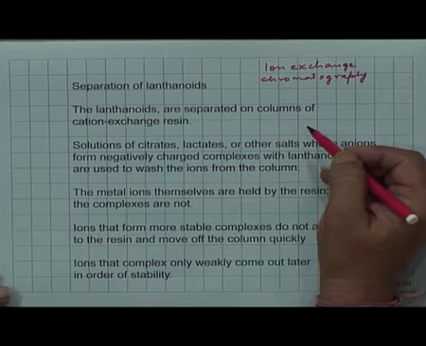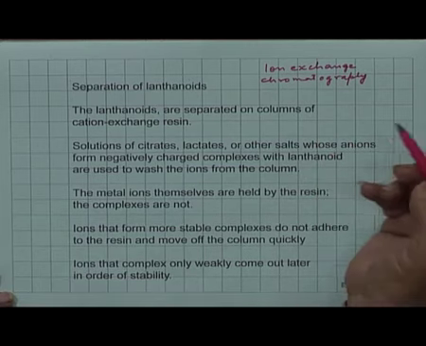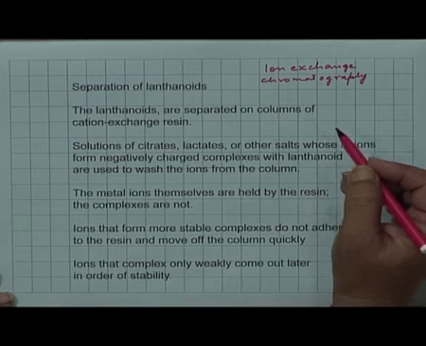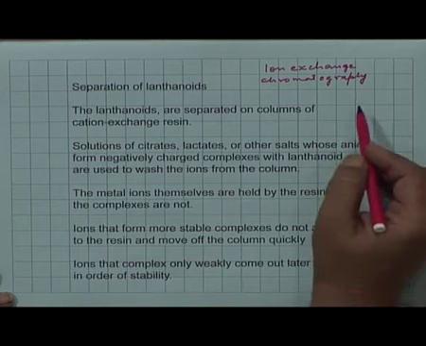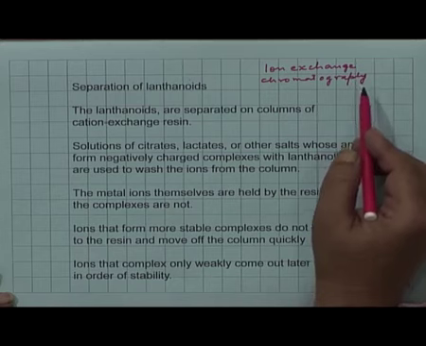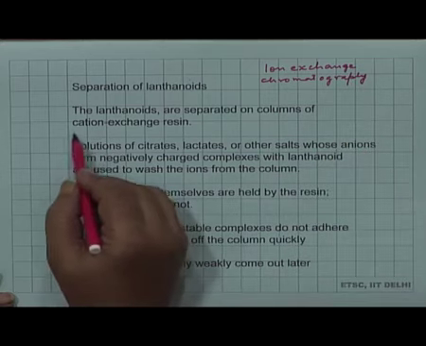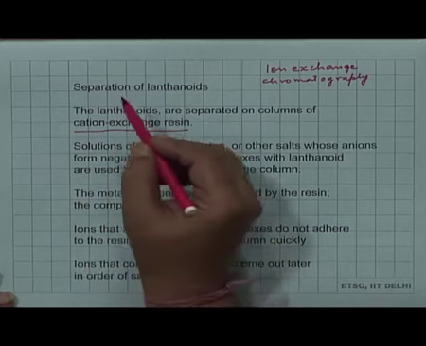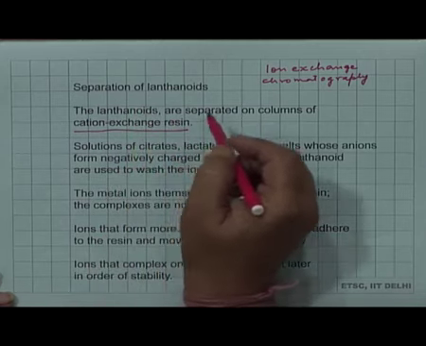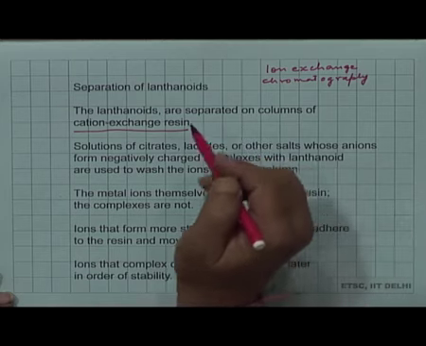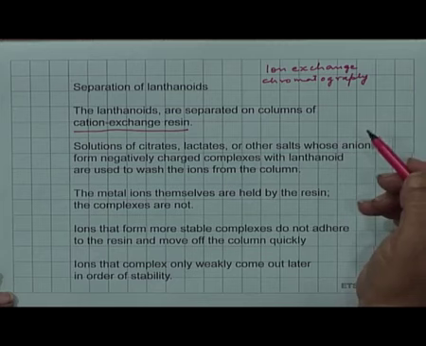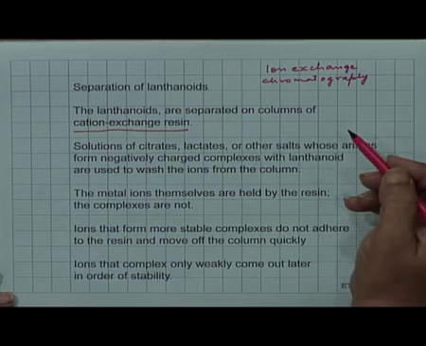If you are carrying out a separation in a column, then whatever adsorbent or ion exchanger you are using, we call it column chromatography. So, this ion exchange chromatography, where cation exchanger resins are used, is a very well known method for separation of lanthanoids, and this is executed in a column. So, it is also called column chromatography.